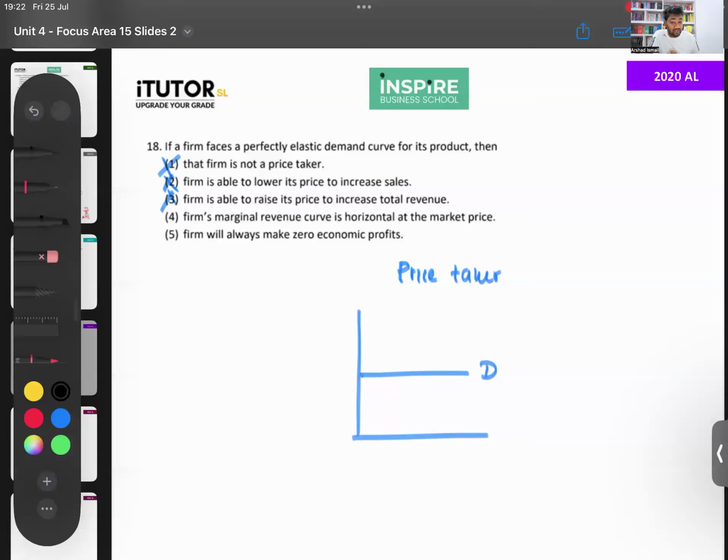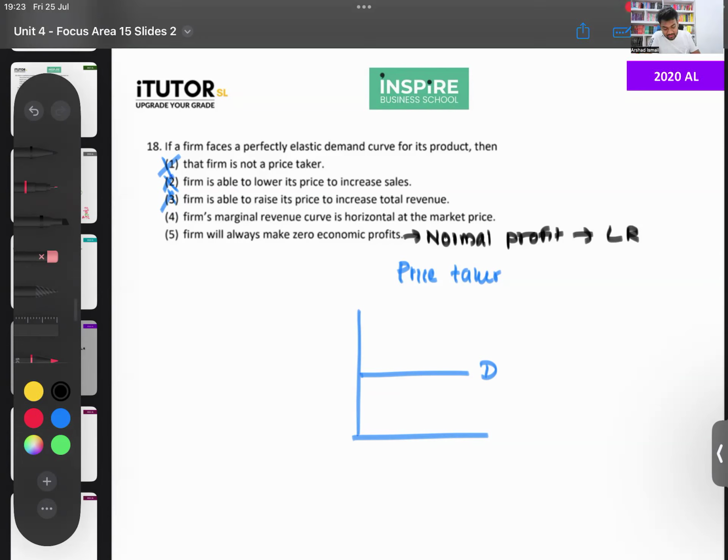Can you say a firm will always make zero economic profits? Zero economic profits means normal profits. In the long run, you can say a firm in perfect competition will always make normal profits, or zero economic profits. But they are just saying the firm will make zero economic profits. In the short run, there are situations where you can make supernormal profits.